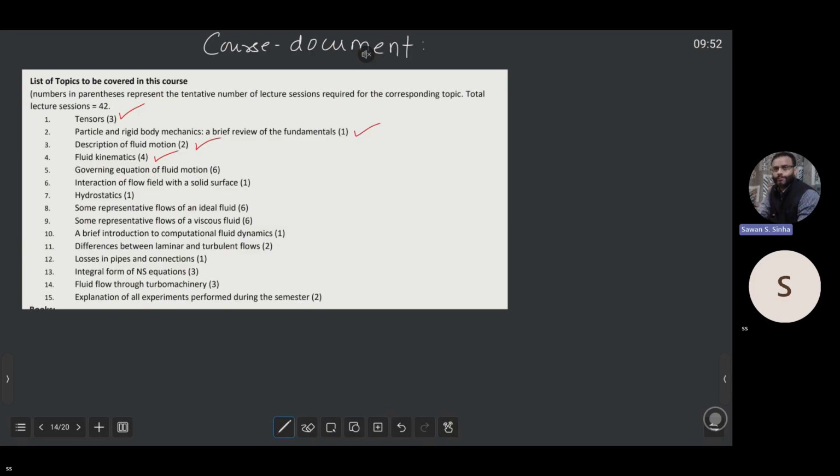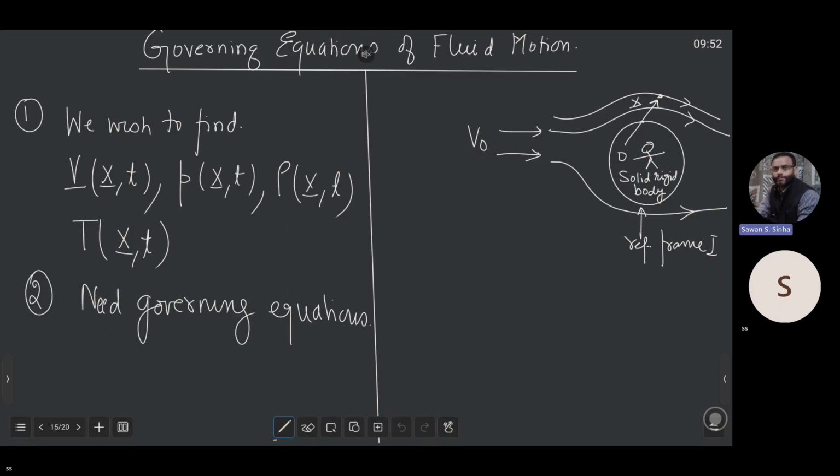So we are here. The next topic is governing equations of fluid motion. I'll take a couple of minutes and then I'll let you go. What I mean by governing equations of fluid motion is basically the equations that must be solved to get these variable fields.